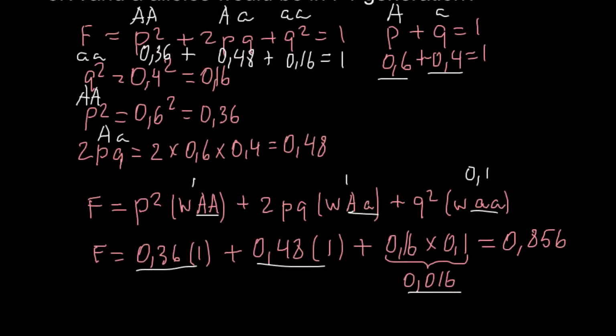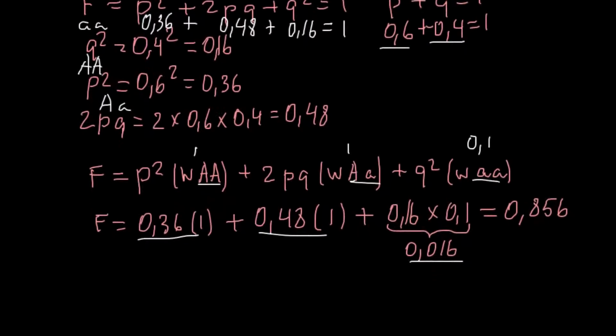But as you see, according to the formula, we have to get 1 here, and we got 0.856. So we have to make all our calculation in such order that we should get 1. How are we going to do it?